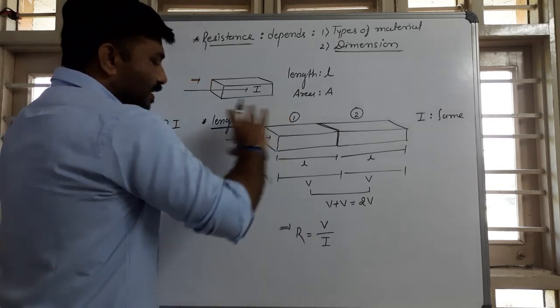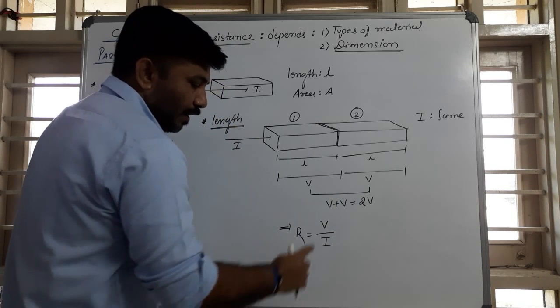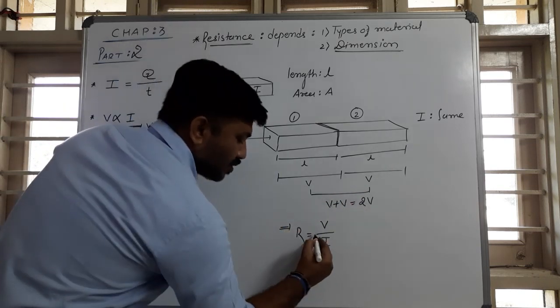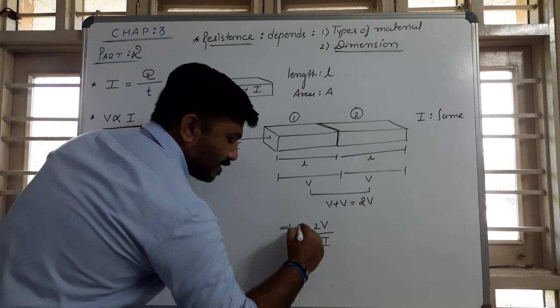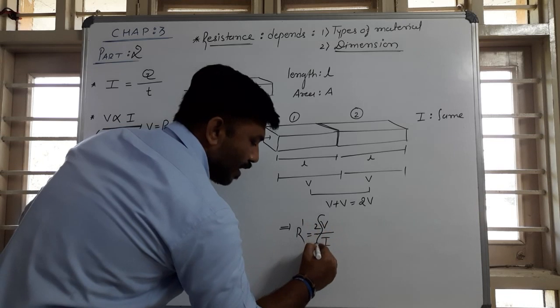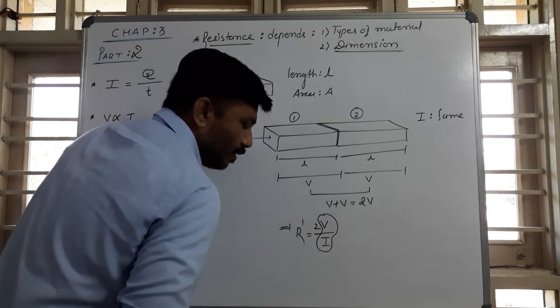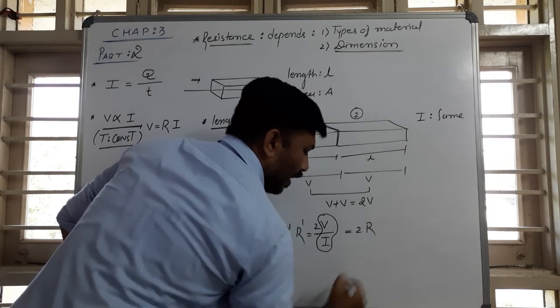But in this case, if the length is doubled, then the electric potential also doubles. So the resultant resistance R dash is V by I, which is nothing but resistance, so it is equal to 2R.